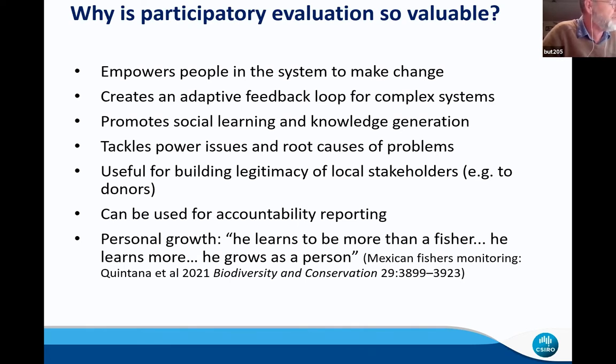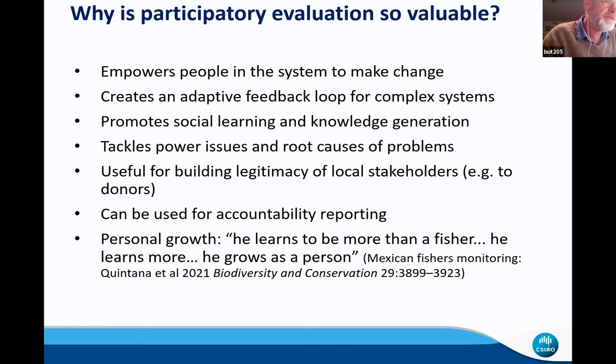And of course, it can still be used for accountability reporting. The stories that you get from the evaluations can be put into a format that you can report, like the indicator scores, for example. Although it may not be as specific as the sorts of indicators we talked about last week, like numbers of animals vaccinated or amount of income coming into households, for example.